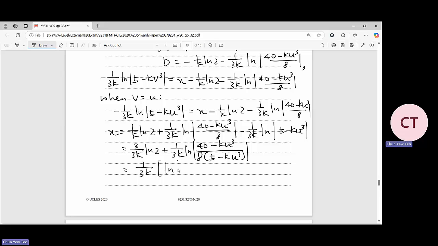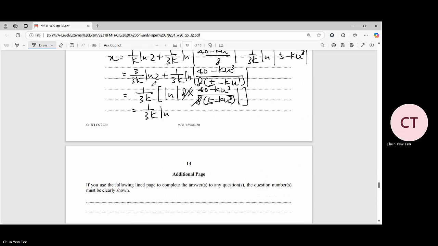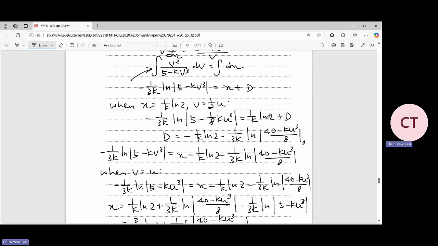So this one will be ln of 8 multiplied by 40 minus ku cubed divided by 8 of 5 minus ku cubed. So 8 and 8 cancel. At the end, you get 1 over 3k ln of 40 minus ku cubed divided by 5 minus ku cubed. Done. This will be the answer that you want to show.